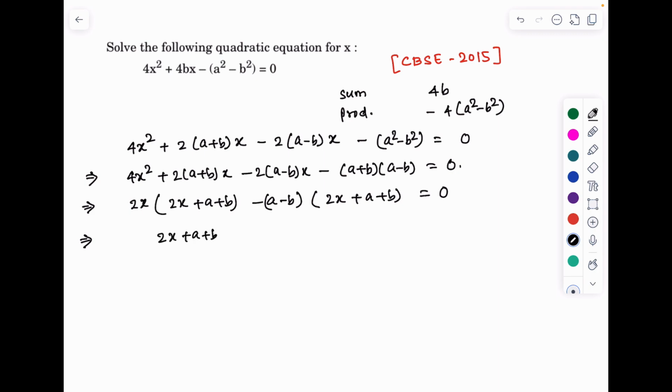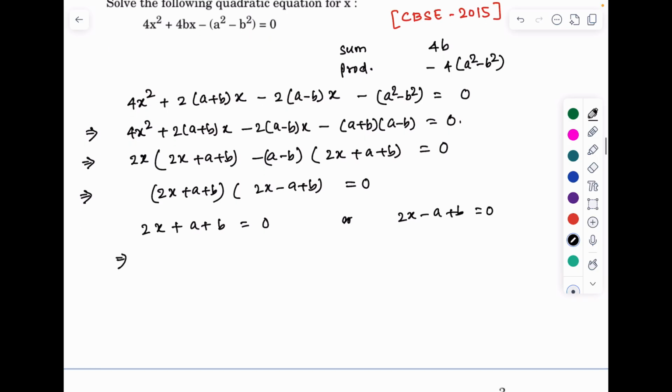This implies 2x plus a plus b into 2x minus a plus b is equal to 0. Either 2x plus a plus b equal to 0 or 2x minus a plus b equal to 0. This implies x is equal to minus a minus b by 2.